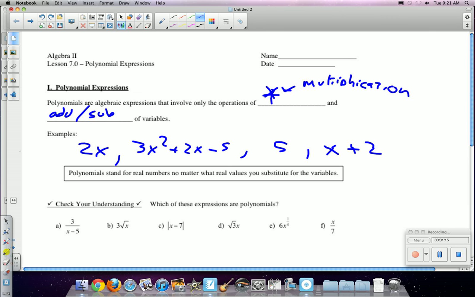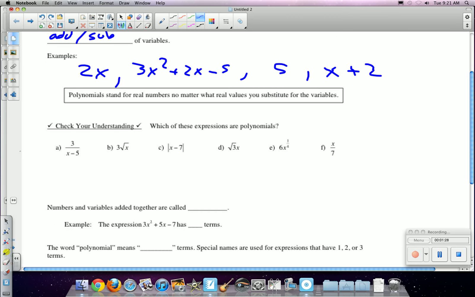When we think about polynomials, we think about two things. Let's skip down here and we'll go through the sheet in order as opposed to jumping around. So you'll notice how this one has a variable being involved in division. In other words, I'm dividing by that, right?